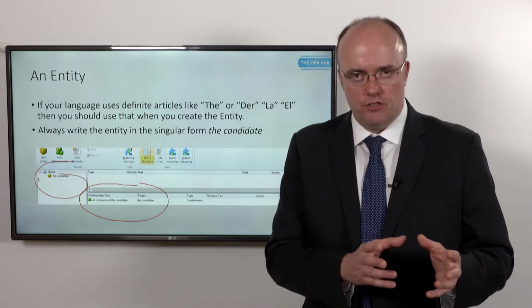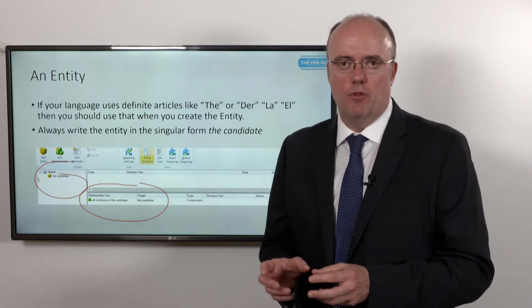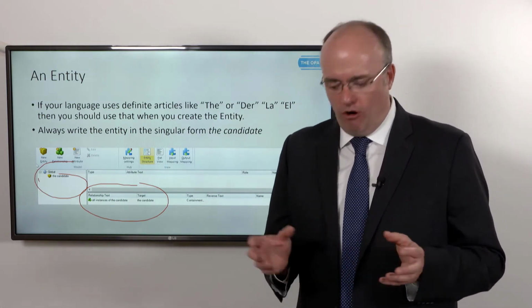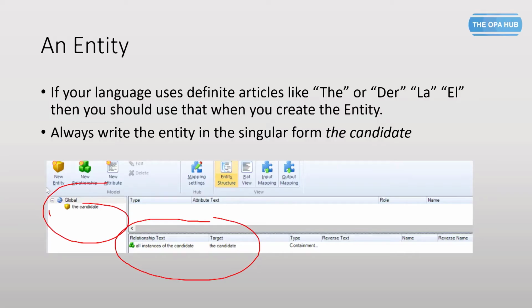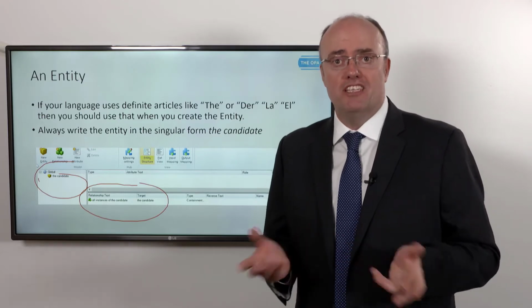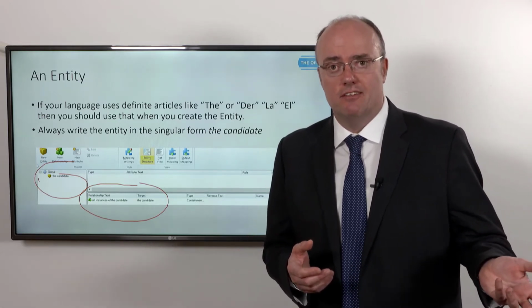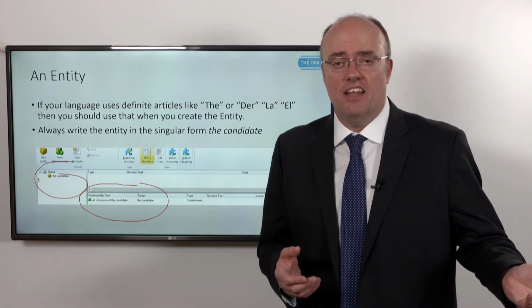So you first describe the singular, then you describe the plural. Notice what it says down there. It says all instances of the candidate. I don't know about you, but if I walked into a room with a bunch of would-be pilots, I wouldn't turn to my colleague and say, look at all these instances of the candidate. I would say, look at all the candidates. Or I'd just say, these are the candidates.